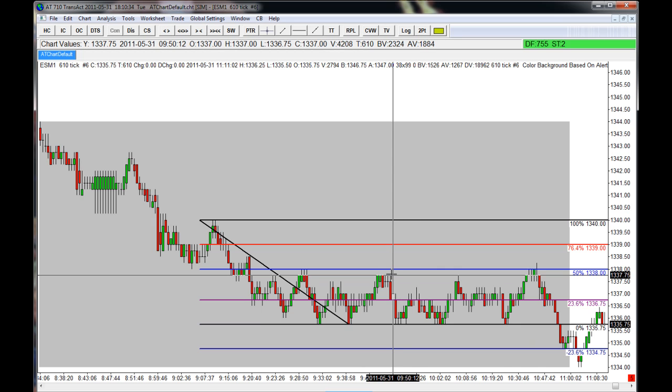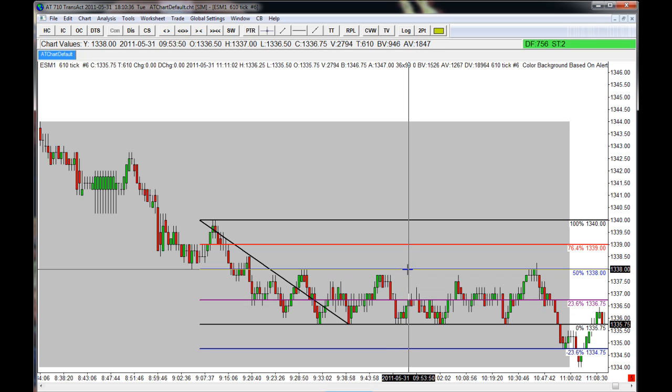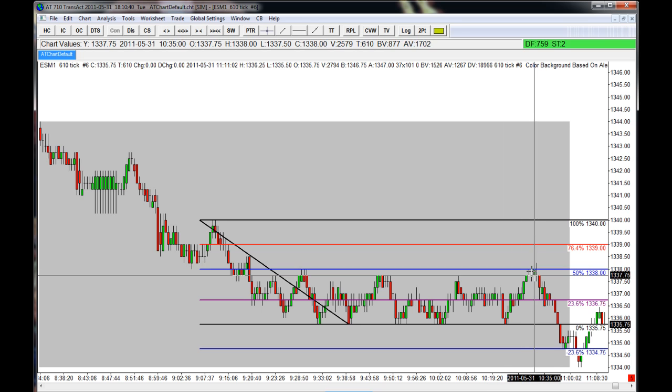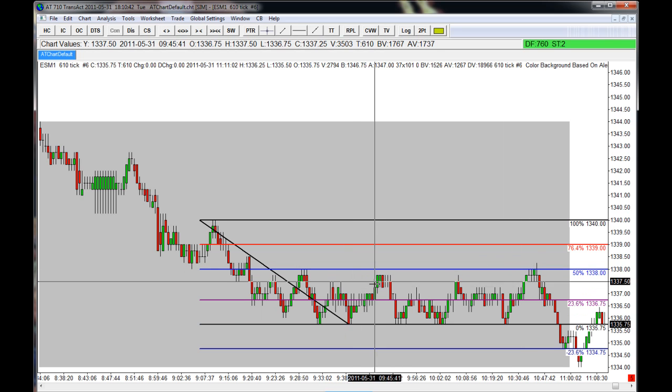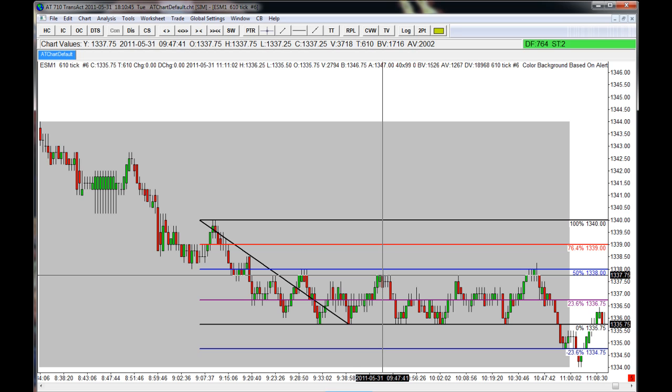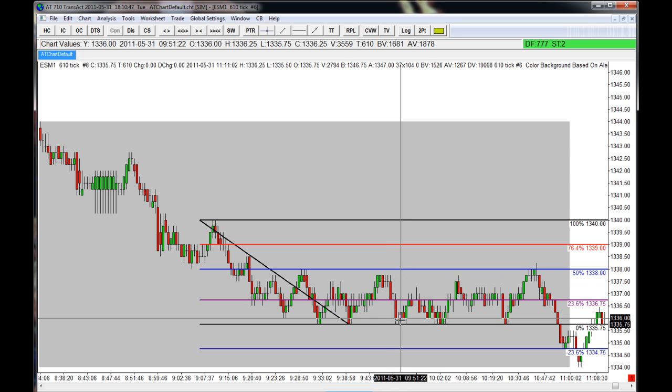Then if price bounces back up to the 50% level, you're not going to take a trade, as it did right here. Okay, because if price came to your entry level, you did not get filled, and it went all the way to the 0% line, then you would consider that was the move that you would have wanted to trade, except you did not get filled.